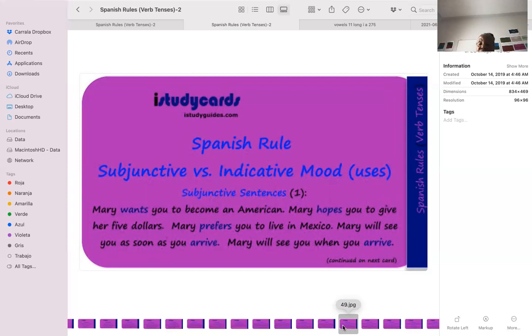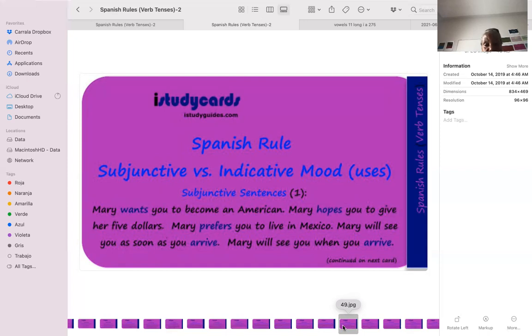So let's look at those same sentences about Mary, but now let's look at Mary in the subjunctive. Mary wants you to become an American. Now, the way that I have it structured, you really can't see the subjunctive, but to become is subjunctive.